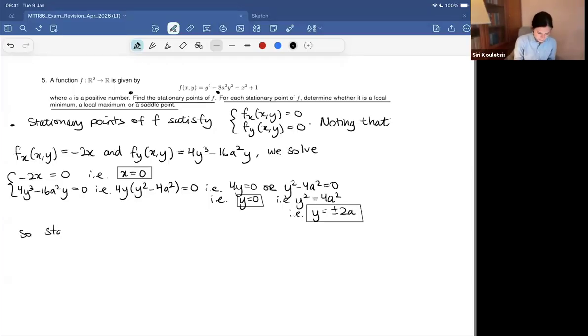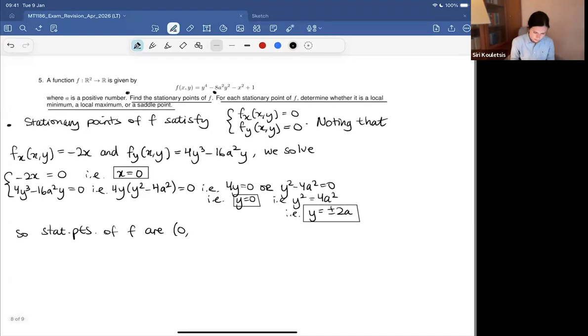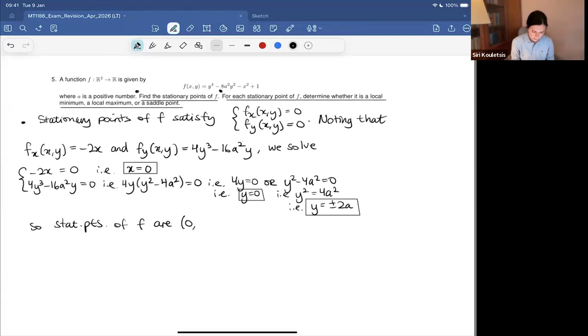And so there are 3 stationary points here. We get (0, 0), (0, 2a), and (0, minus 2a). Remember, a is a positive number.